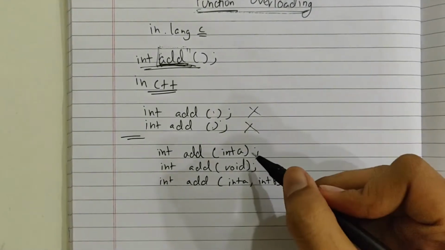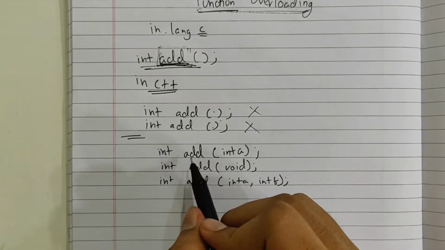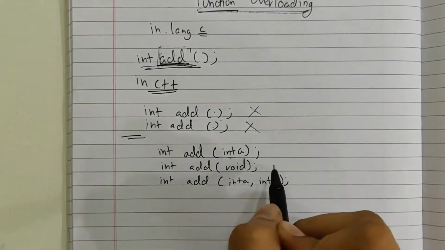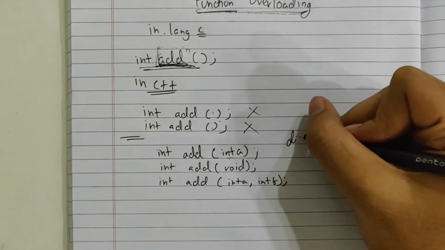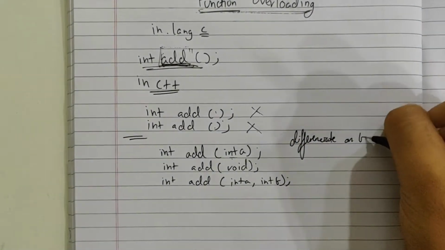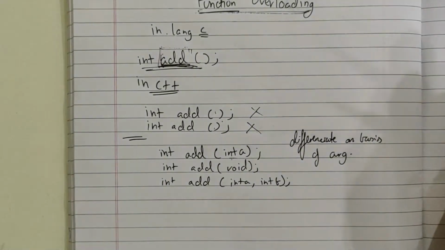Okay, so this is right. The parameters are different. The compiler will differentiate the code on the basis of the type or the arguments.